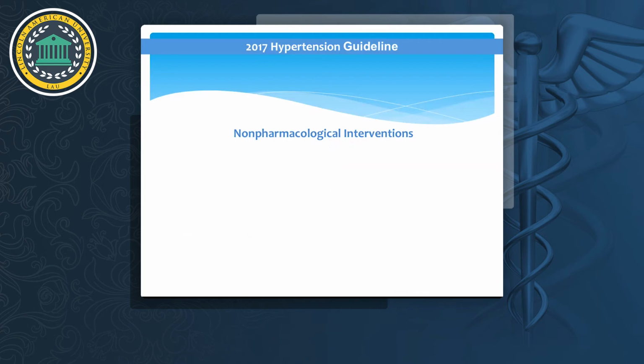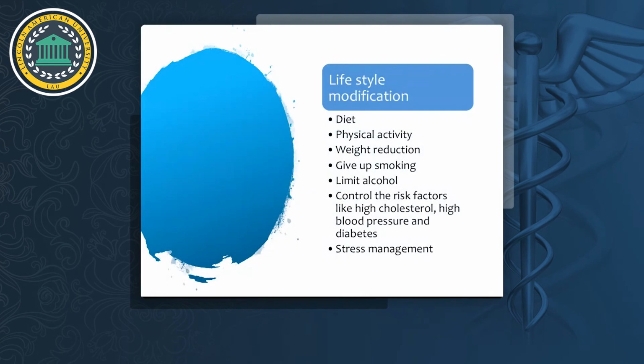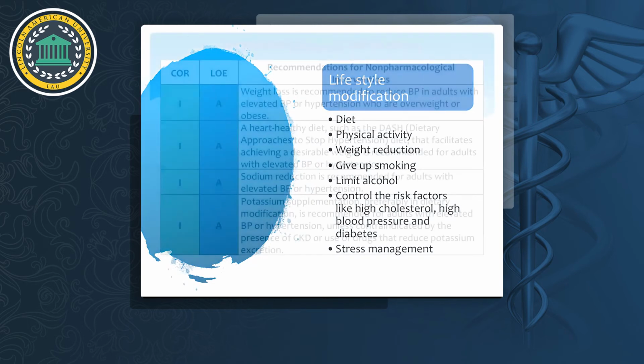Most of the time, they get controlled with non-pharmacological interventions. So diet, as we discussed, physical activity, weight reduction, smoking, alcohol, stress management, and other risk factors all come under the banner of lifestyle.